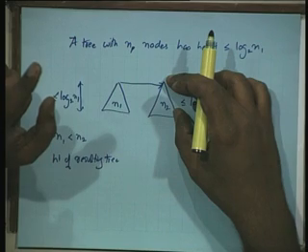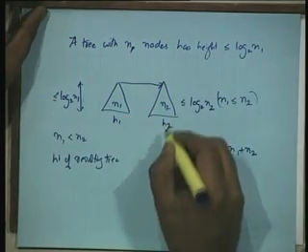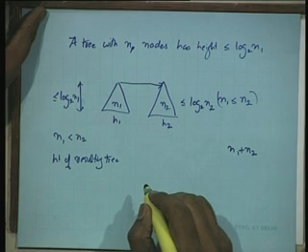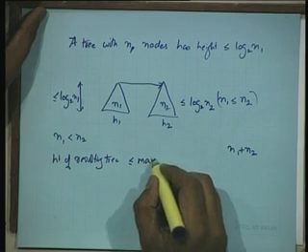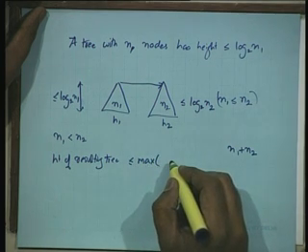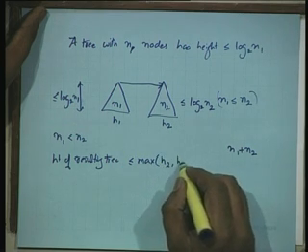So, height of the resulting tree, if the height of this is h1 and the height of this is h2, is less than or equal to max of h2, h1 plus 1.